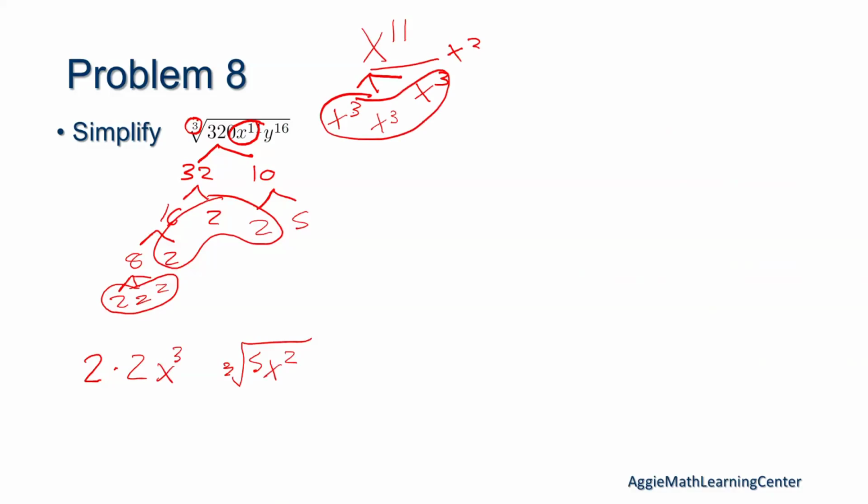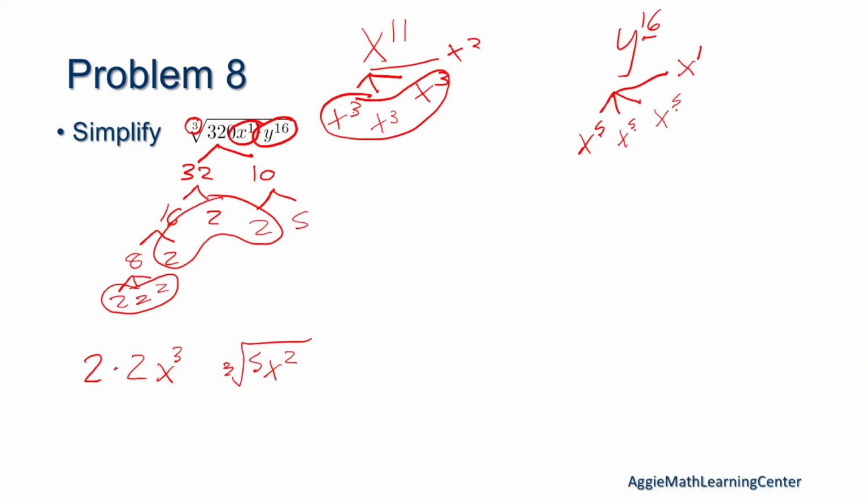Okay. Now the y to the 16th, we can do kind of the same thing. So 16 can break into fifths. In your head, you can think of it as division, but with a remainder. So I know that 15, I can divide by 3 to get 5.